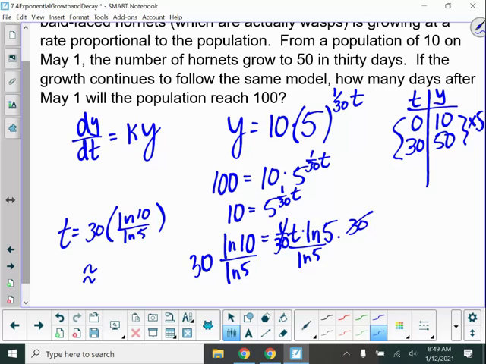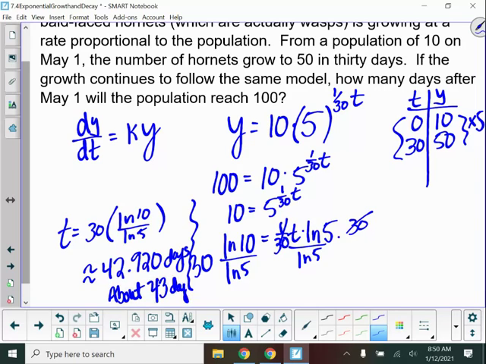We actually need to find the decimal here. So it's 42.920 days, so about 43 days. You would want to state that about 43 days will pass after May 1st before the population reaches 100.